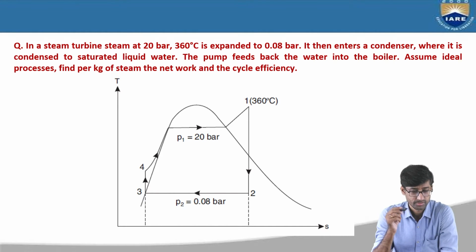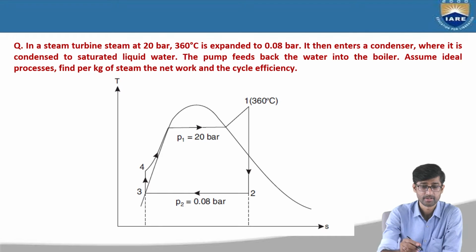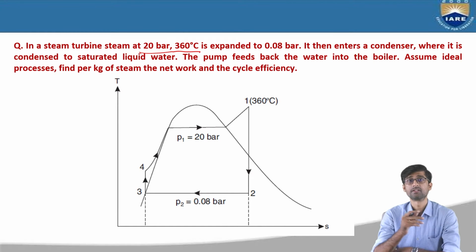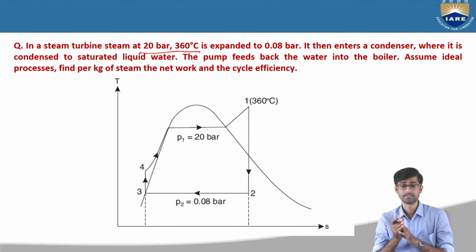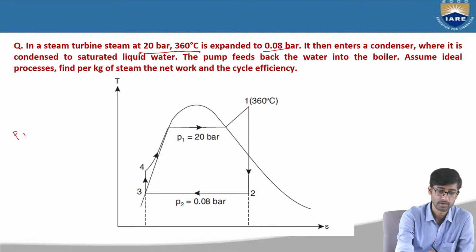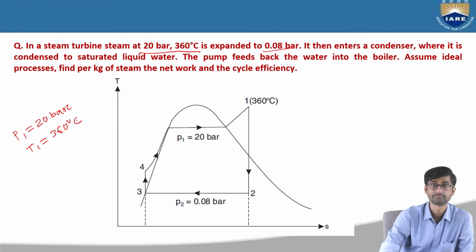See, the question is, in a steam turbine, steam at a pressure of 20 bar and temperature 360 degrees Celsius is expanded to a pressure of 0.08 bar. The initial condition of steam, pressure P1, is given 20 bar and temperature T1 is given 360 degrees Celsius.